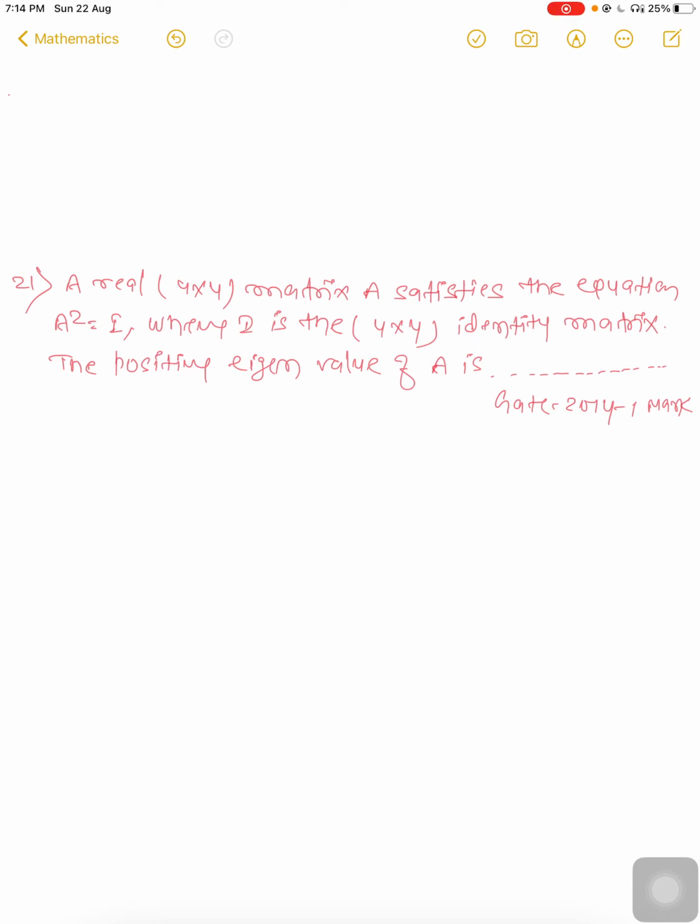A real 4 by 4 matrix A satisfies the equation A square is equal to I, where I is the 4 by 4 identity matrix. The positive eigenvalue of A. Since A square is equal to I, the eigenvalue of A square will be the eigenvalue of I, which will be 1.